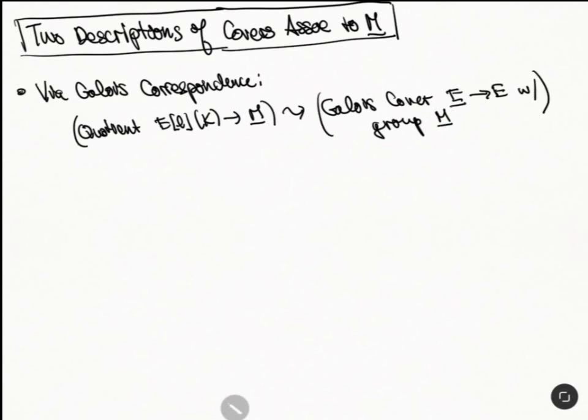Well, how does this work out? This uses, as described in another video, that pi 1 of E_K mod L is isomorphic to E[L](K) as Galois modules.